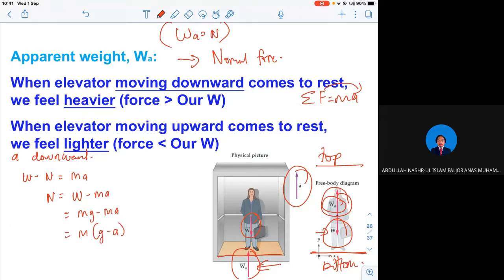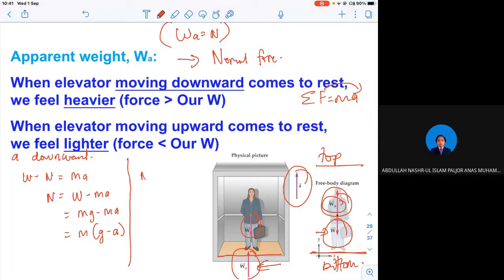So that is one condition. What happens if I don't want to use W minus N, but I still believe that everything that goes up must minus everything that goes down? Some people always want the upper side to minus the lower side, and the right side to minus the left side. They stick to that. So yes, you can always use that. For example, you want to put N in front.